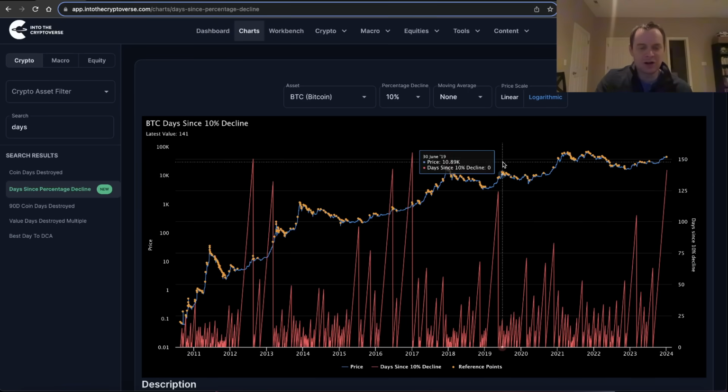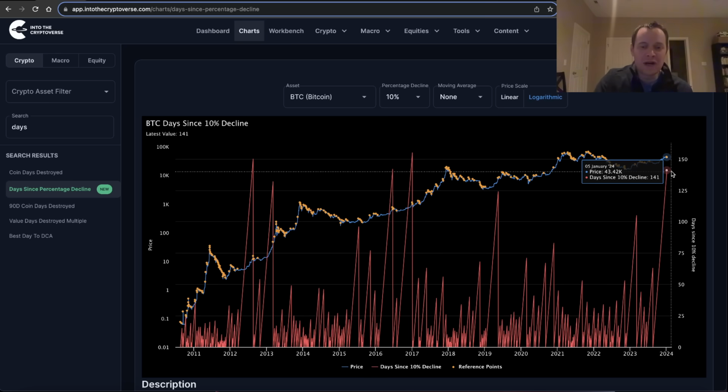So this chart is showing the number of days since Bitcoin had a 10% decline. The number of days. Okay? And what's interesting is that we're currently on day 141. It has been 141 days since Bitcoin declined by 10% when only looking at daily closes.